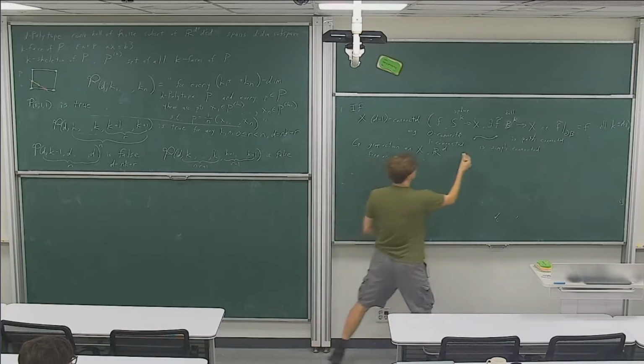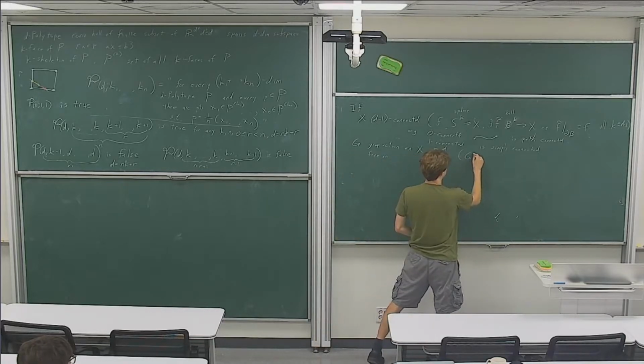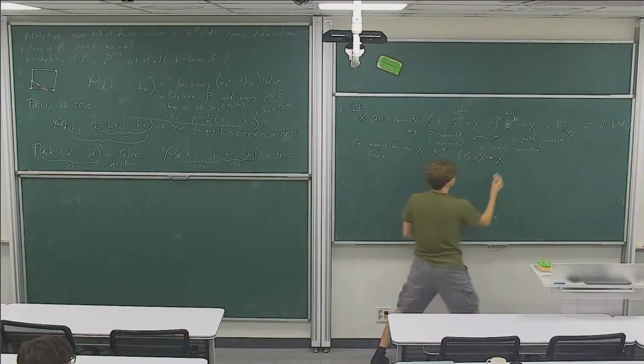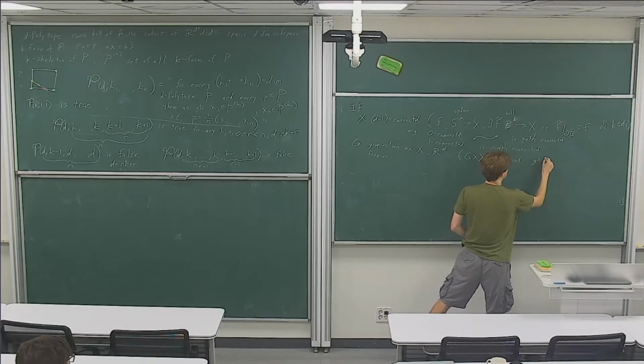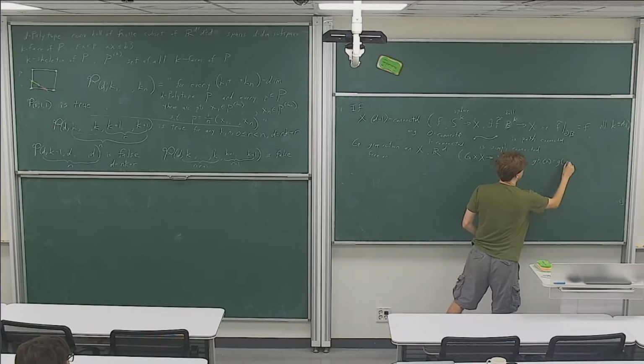So what does this mean? This means that I have a map from, let's say, G times X to X, and it should be continuous, and GH of some X is equal to G of H of X.